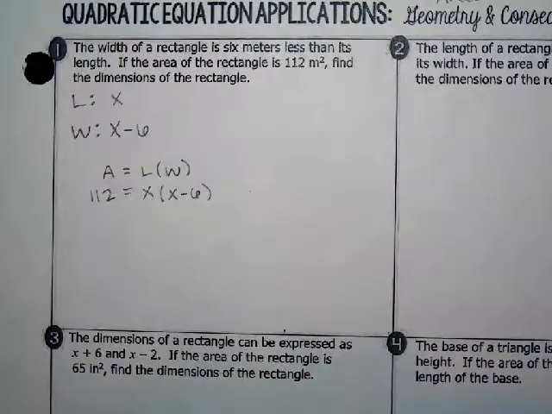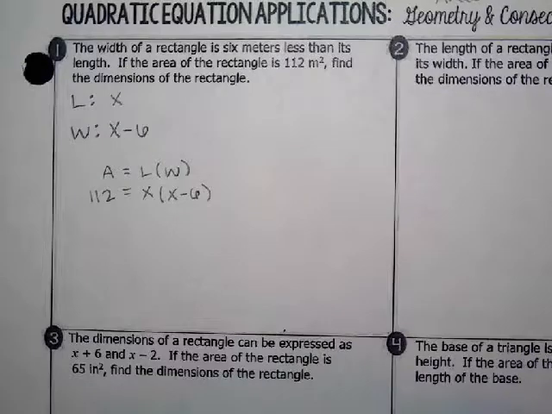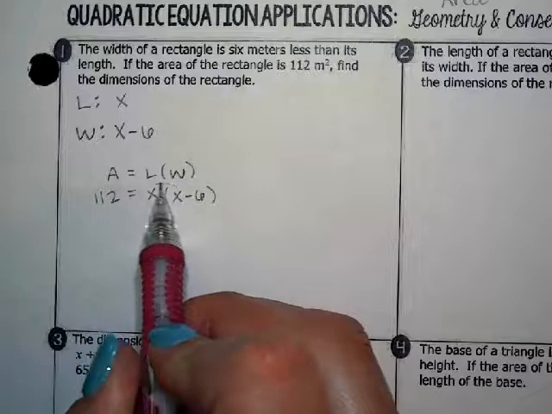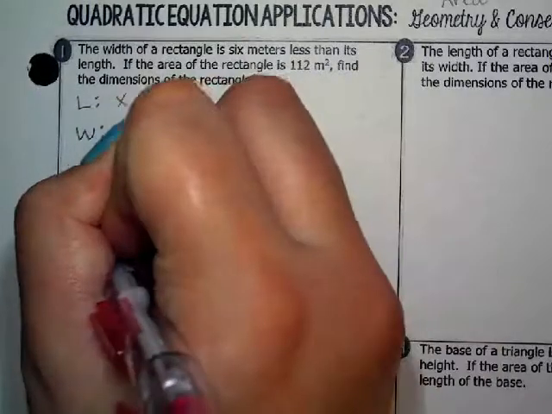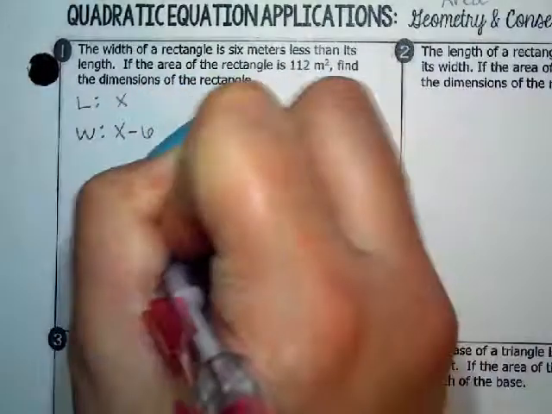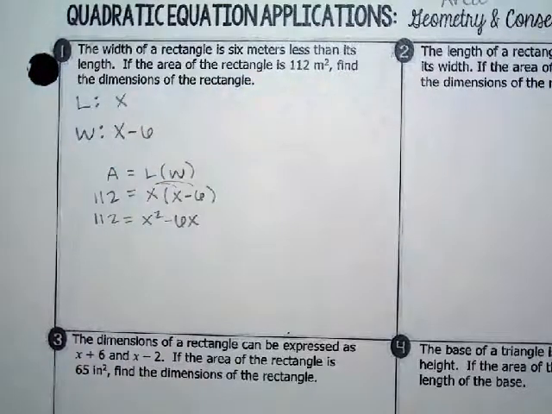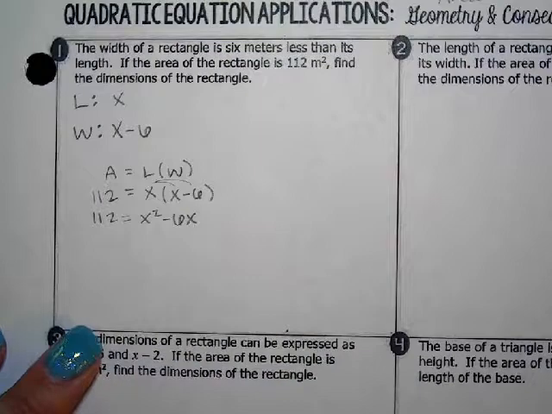So now, if we're going to solve this, what should we do? We're going to multiply the x. So we're going to have 112 equals x squared minus 6x. At this point, we can recognize, oh, we have a quadratic.